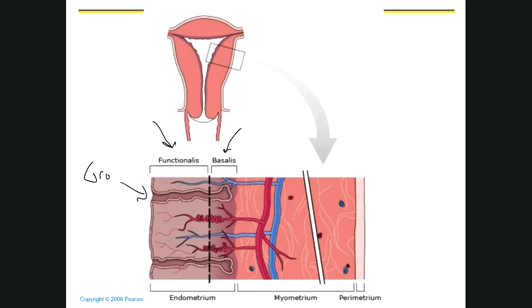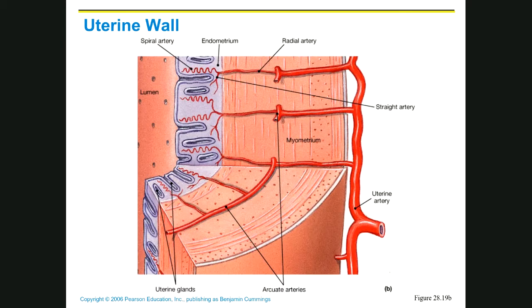It's going to become secretory. And then it's going to be shed during menstruation. So depending on which part of the cycle it looks, it could be very, very thin, it could be growing, or it could be very, very thick and secretory.